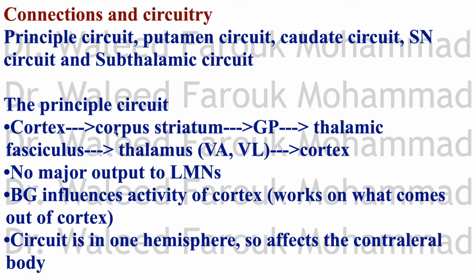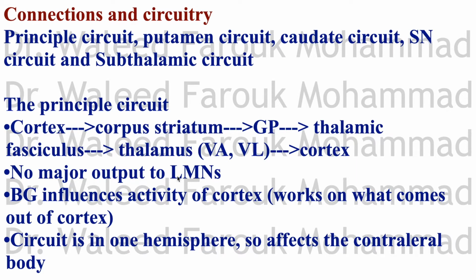See, the cortex, the corpus striatum, the globus pallidus, through the thalamic fasciculus to the thalamus, especially ventroanterior and ventrolateral nuclei, and back to the cortex. As you notice here, there is no major output to the lower motor neurons.